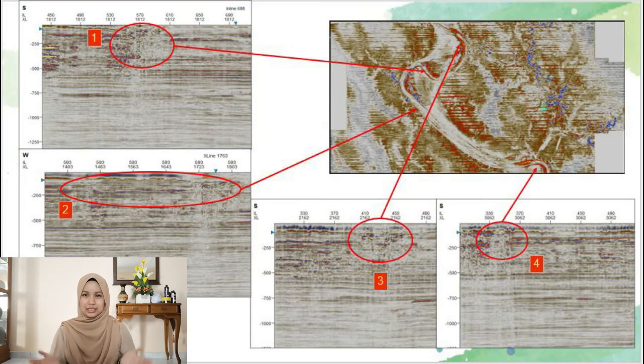As you can see in this diagram, there is a meandering river on the top part of the diagram. It has been proved, as you can see in the seismic interpretation window at numbers 1, 2 and 3, that there are some indicating features for the channels of meandering.